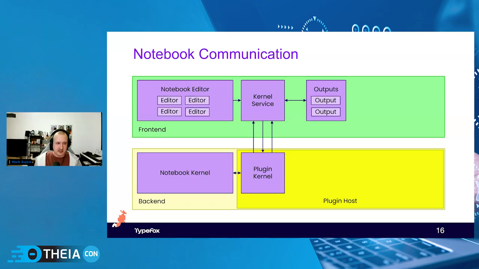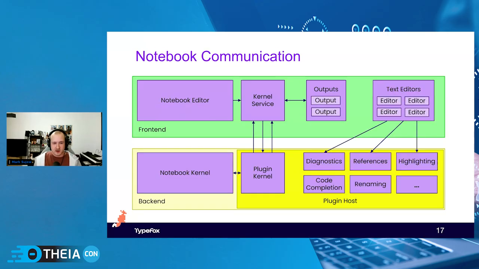And for that, we actually have all of these code cells available as individual text editors, which are replicated to the backend, to the plugin host, in order to give the language smartness back to the notebook editor that is already available in our default Monaco editor language services.